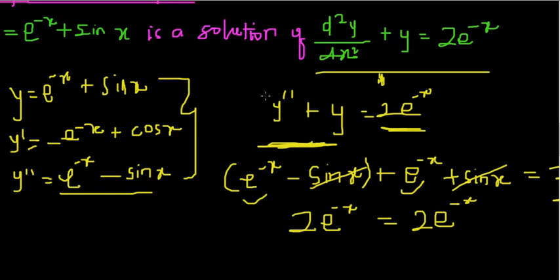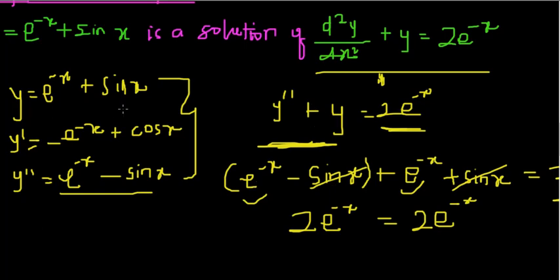After taking the second differential, we substitute the exact thing into our main expression. d squared y over dx squared is the same as y prime prime, so you can just substitute that. I simplified that into this form. So y prime prime is equal to this, and then plus y.